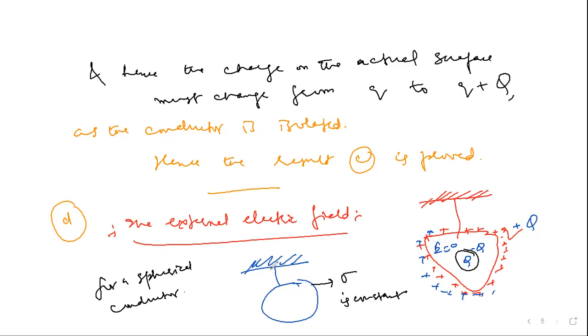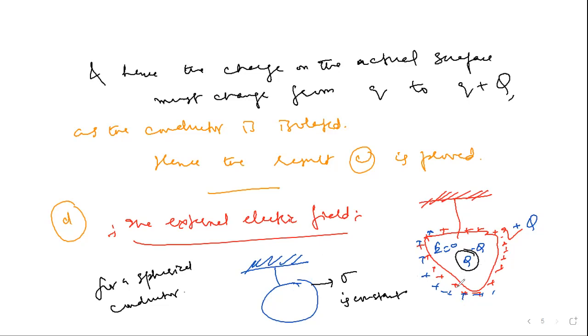But if it is of non-spherical shape, then charge will be distributed over the surface. There will be no charge inside the body, but sigma is not constant in a non-spherical conductor. Sigma will vary. There is another proof, we will not prove that here, that near pointed regions, sigma will be large, and near flatter regions, sigma will be small, right?